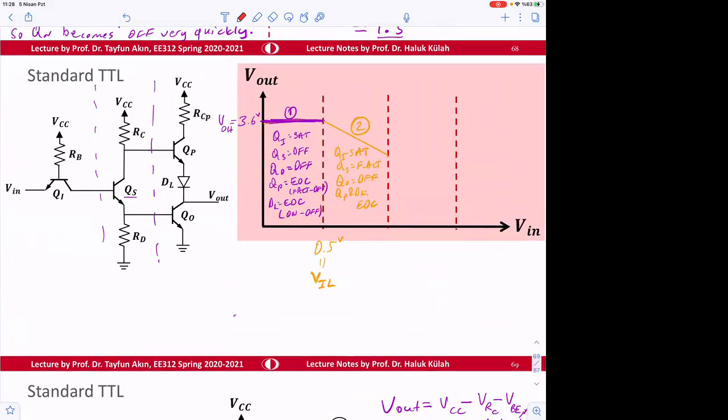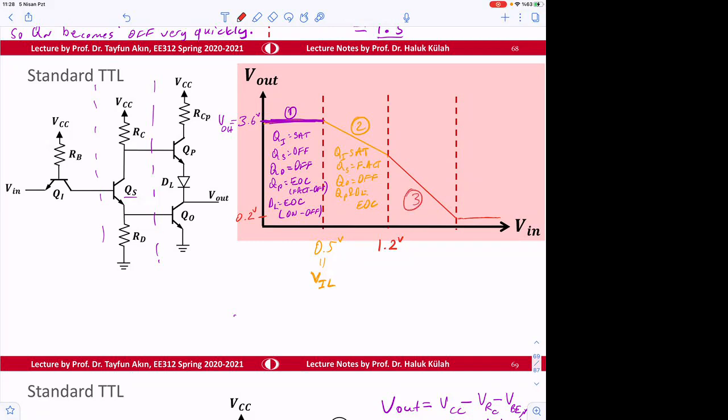This point is 1.2 volts, where the slope becomes sharper, and then it will be dropping. We will notice this until 0.2 volts. So that's the third case.